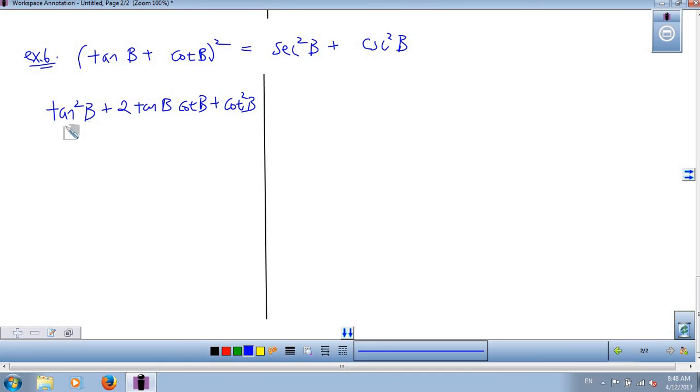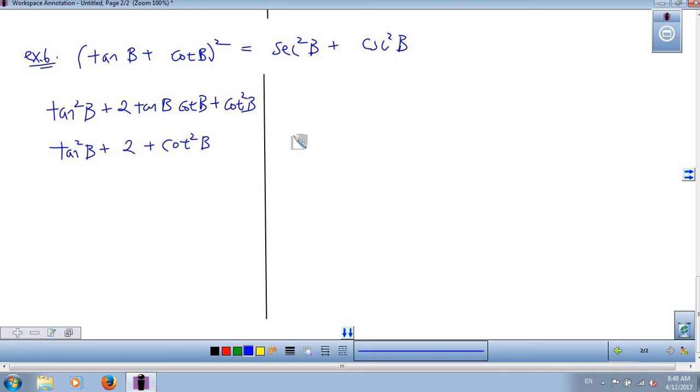Alright, so right now it looks like the left hand side has nothing to do with the right hand side, but let's go ahead and see what happens. So tangent squared b plus 2 tangent times cotangent, but tangent times cotangent is, excuse me, 1 because they're reciprocals. So it's 1 plus 1, so it becomes this.